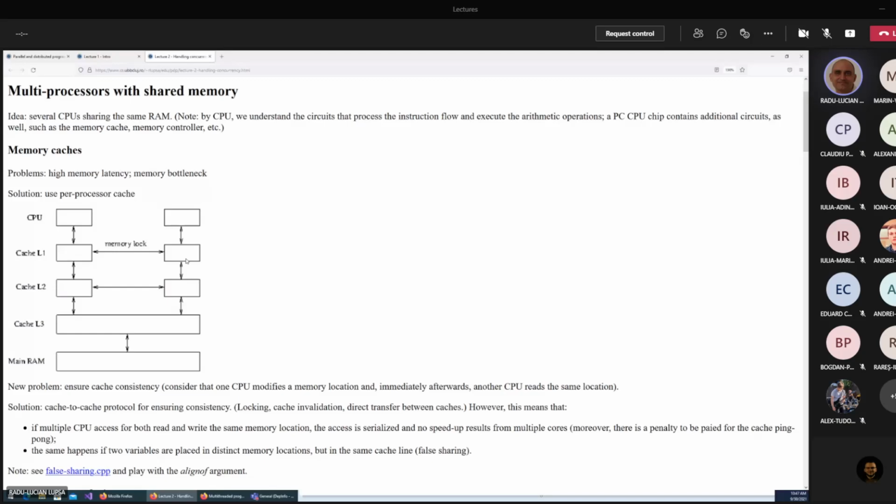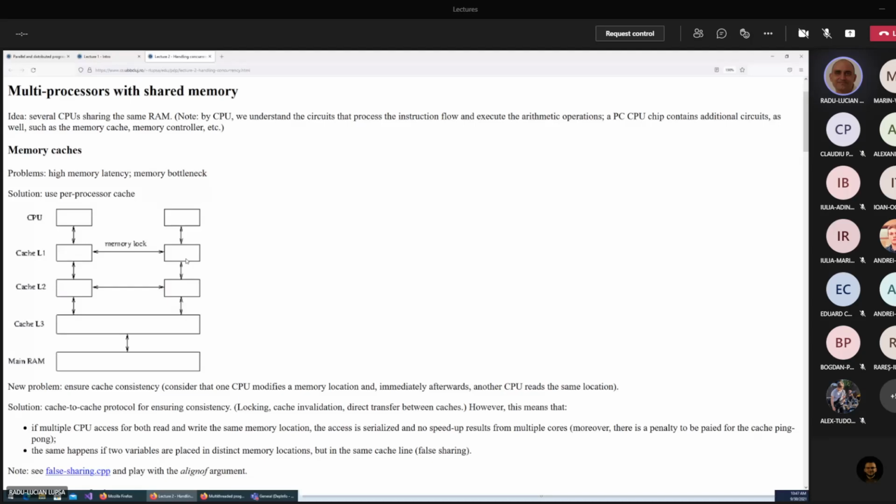The good way of using this picture is if you have only read access to shared variables, because if the CPUs need only to read the data, then it can be had as copies in each of the caches. So if this CPU needs to read a variable, it gets loaded here.